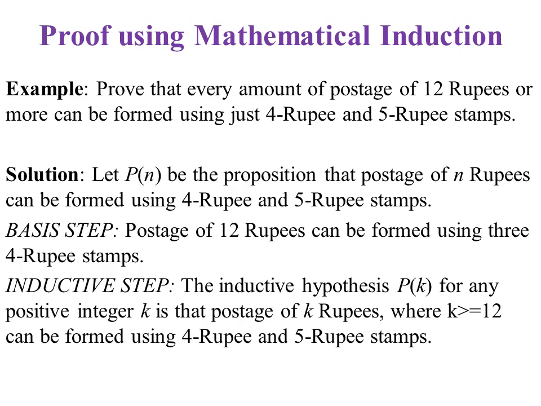In the inductive step, the inductive hypothesis is taken as P of k is true or holds for any positive integer k, that is, the postage of k rupees where k is greater than or equal to 12 can be formed using 4 rupee and 5 rupee stamps.